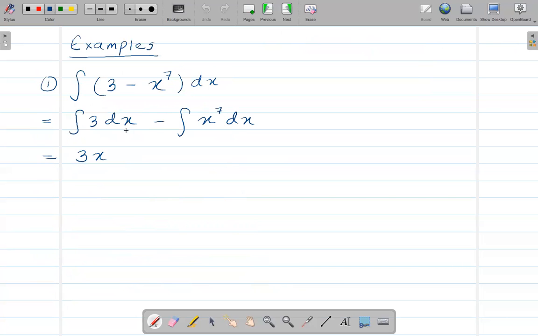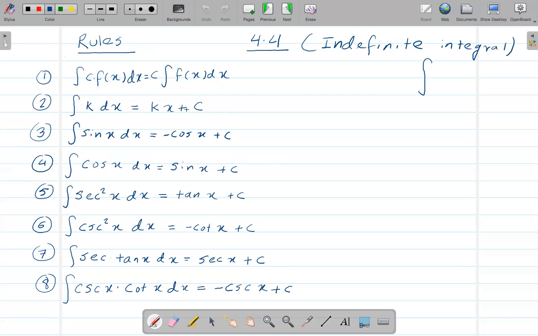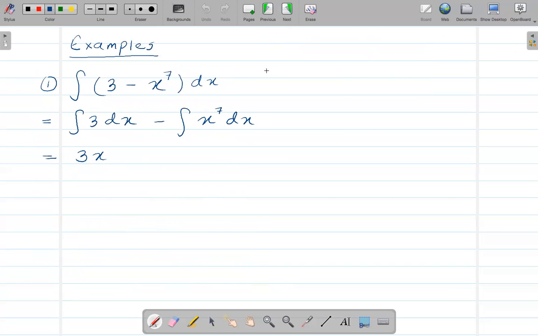We can write that plus c at the end, as just one constant. Or if you want, you can write a constant here, let's say c1, which is also a constant.